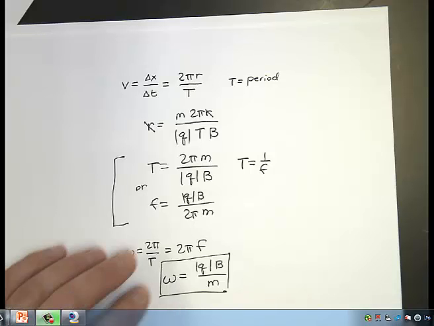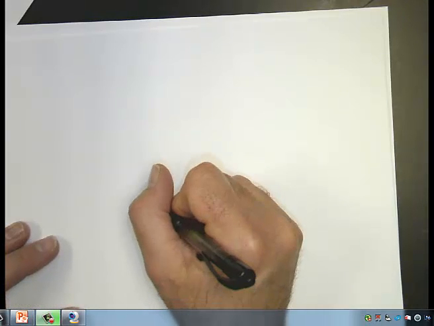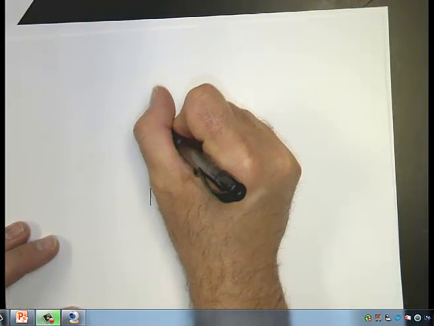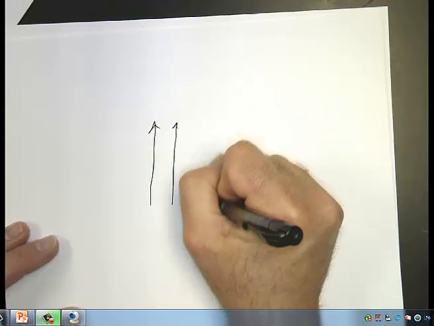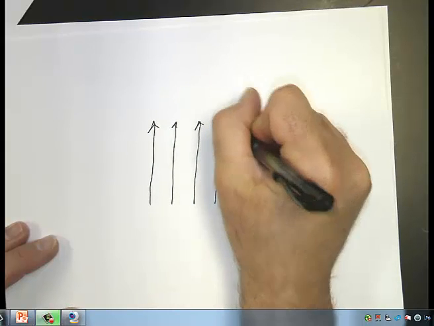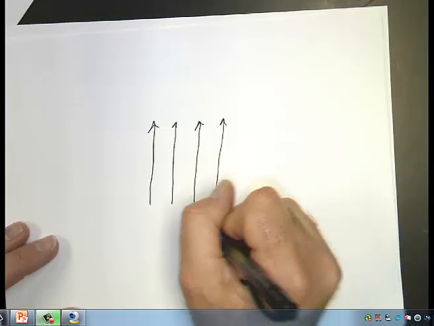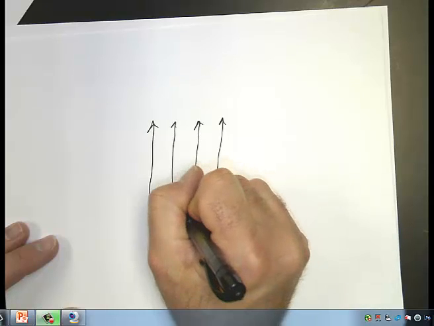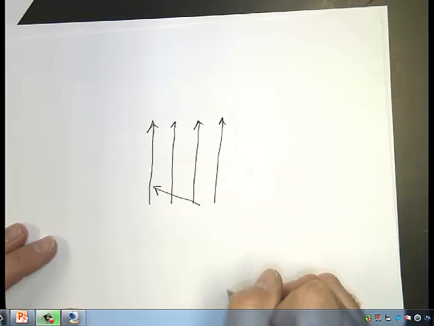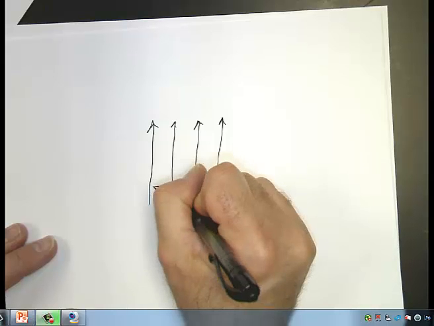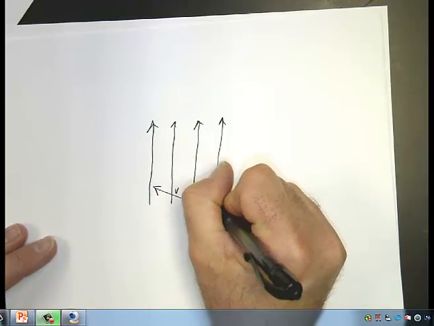So it's kind of hard to imagine what this looks like, but imagine that the B field is going in this direction. Okay, and the velocity vector is in this direction. Now that velocity vector has two components to it.